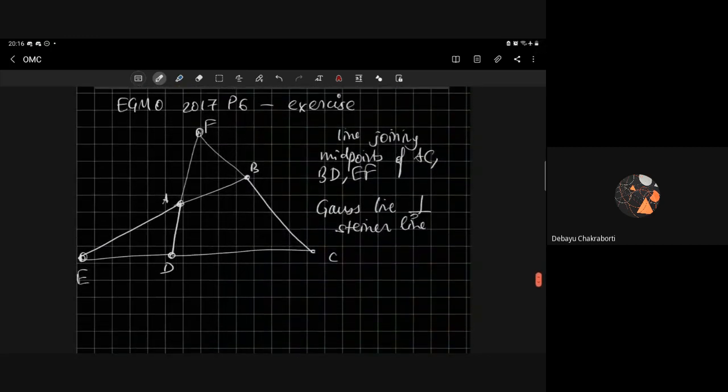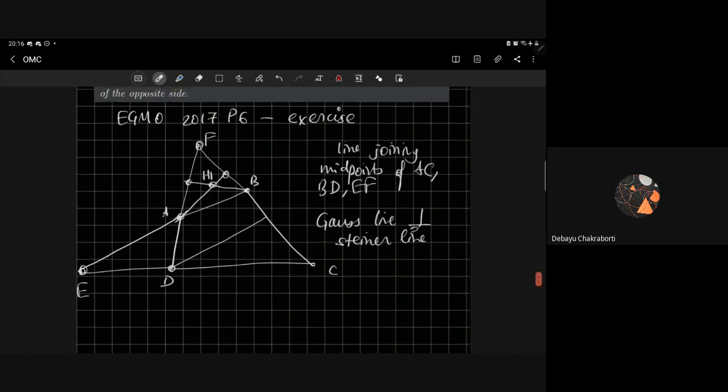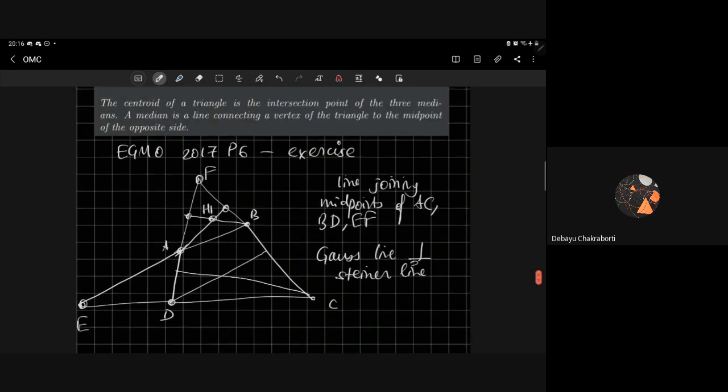So for example, let's say H1 is here. H2 is here. So H1, H2 is the Steiner line of this complete quadrilateral ABCDEF.